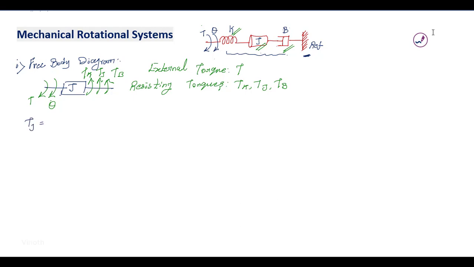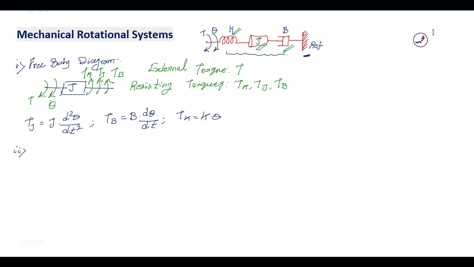Tj is J into d squared theta divided by dt squared, and Tb is directly proportional to the angular velocity, so B into omega, that is B into d theta by dt. The opposing torque due to the spring element is K into theta.